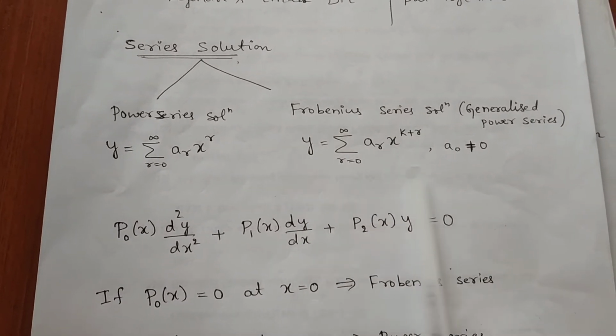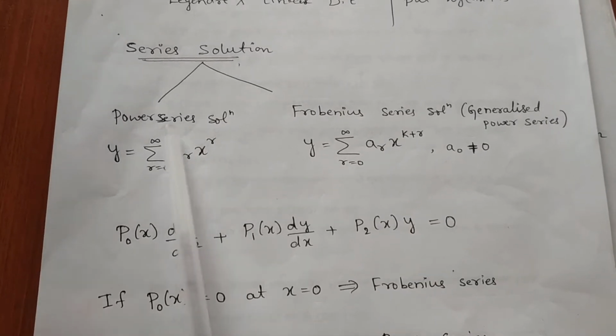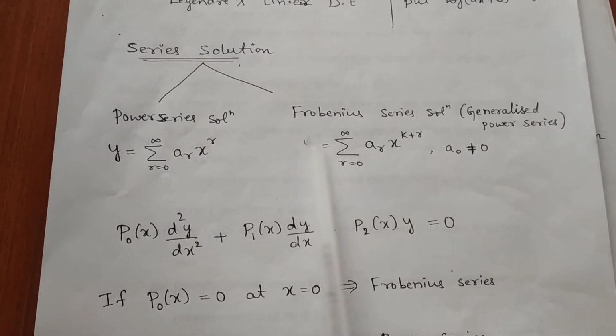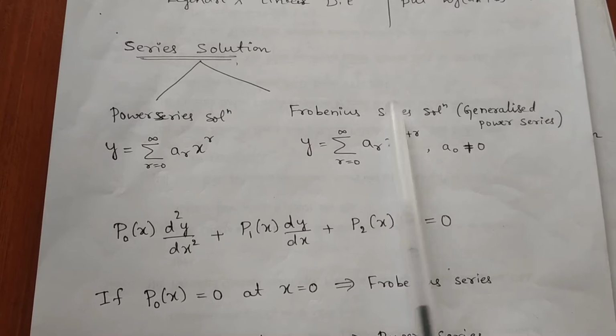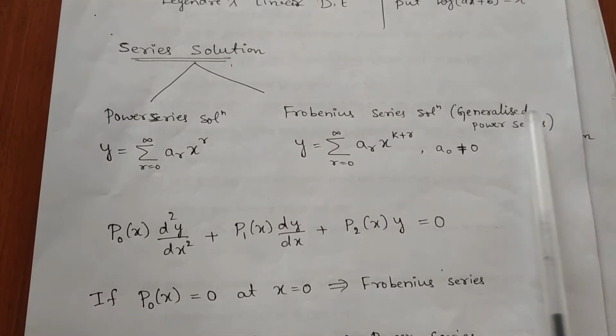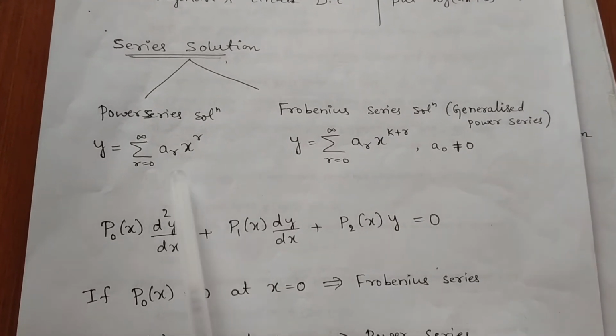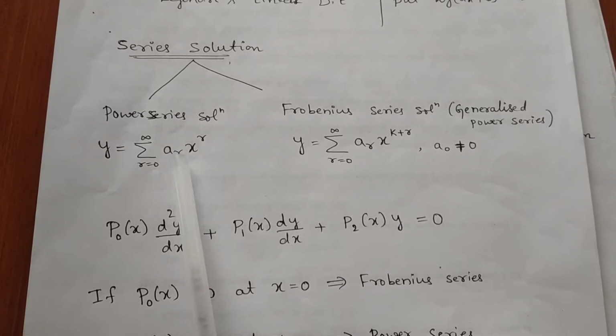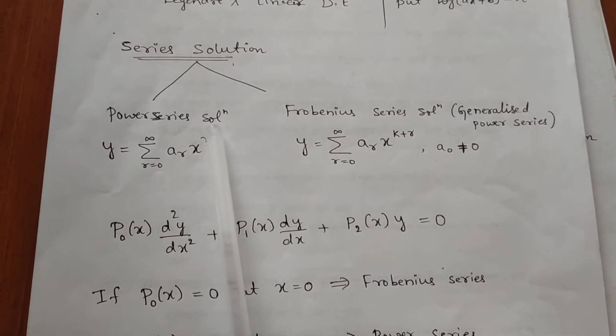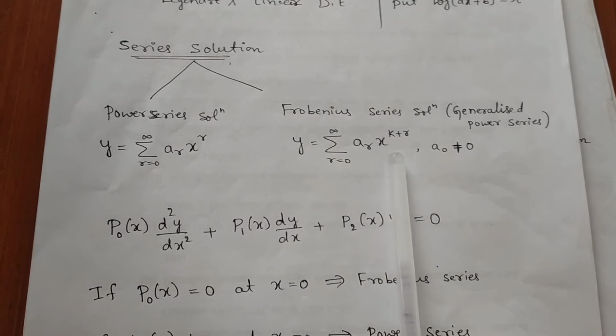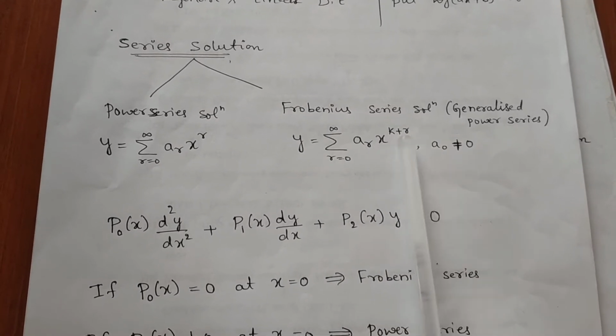This one we call a power series, and this type of series we call a Frobenius series. Frobenius series is nothing but a generalized power series. Both equations look the same, but in the power of x we have only r here, but here we have k plus r.